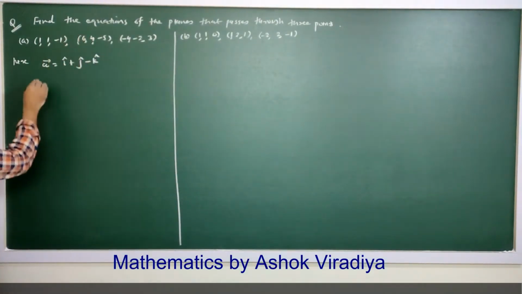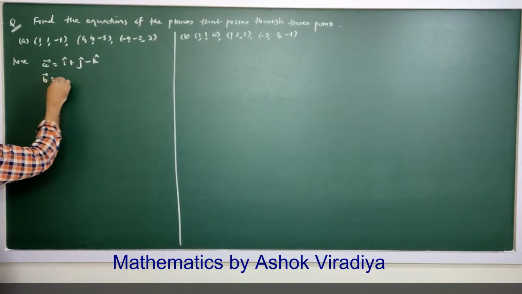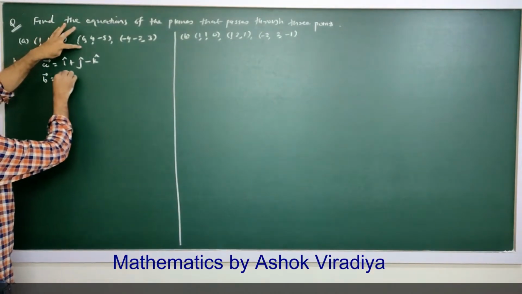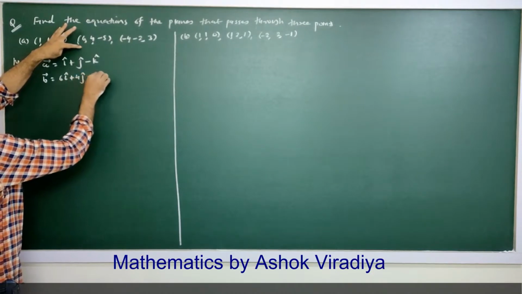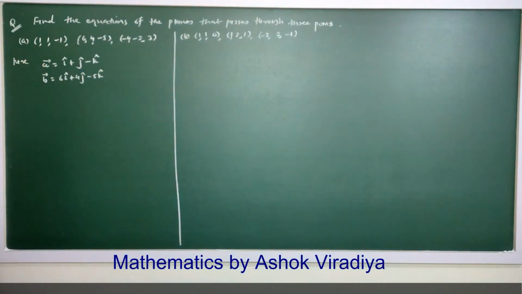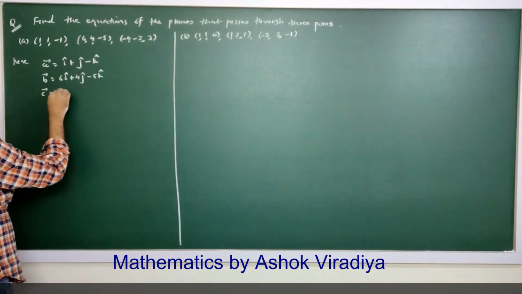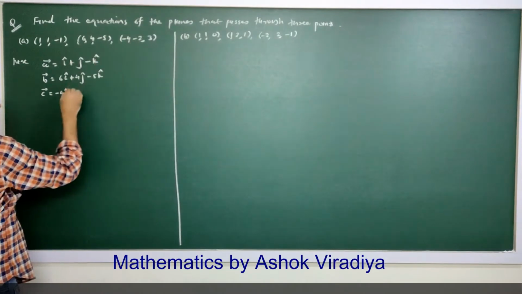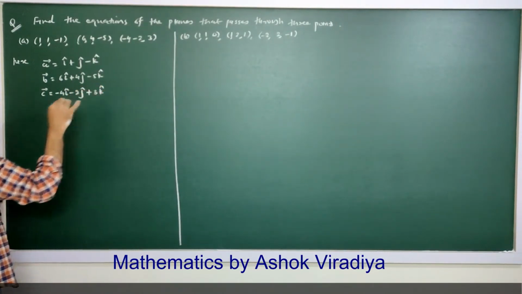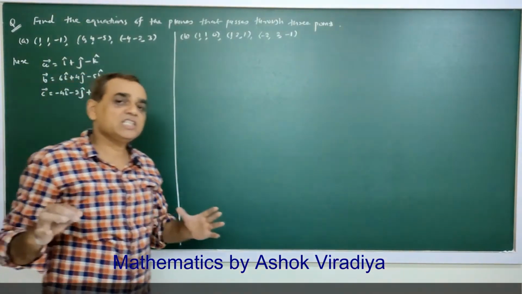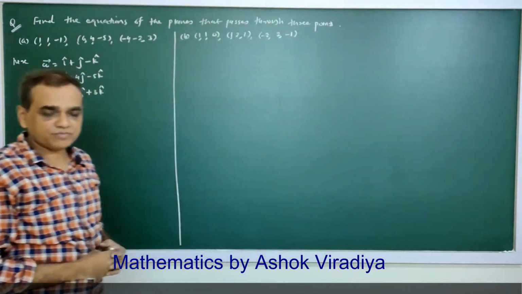Position vector of the second point is vector B. It is 6i plus 4j minus 5k. Position vector of the third point is vector C. Vector C is minus 4i minus 2j plus 3k. So these are position vectors of the 3 given points.